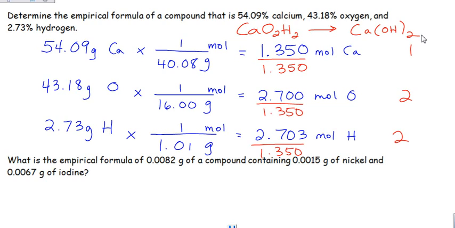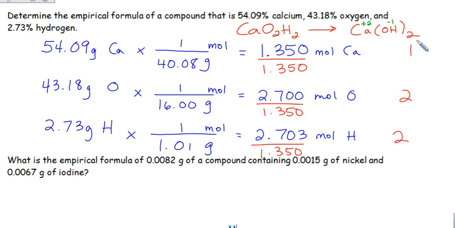Now again, what I like about this one is that if I recognize that it's calcium, whose charge is always +2, and then if I recognized, oh, it's oxygen and hydrogen, I bet it'll be hydroxide. Hydroxide is always -1. You could figure out that there's 2 hydroxides just by writing the ionic formula.